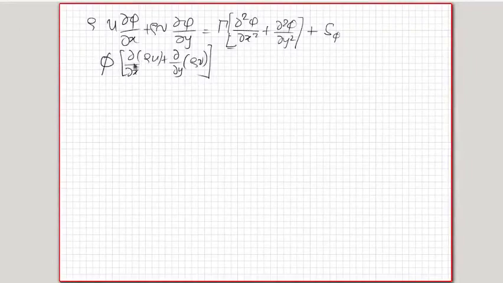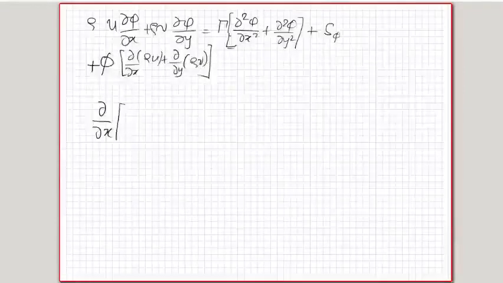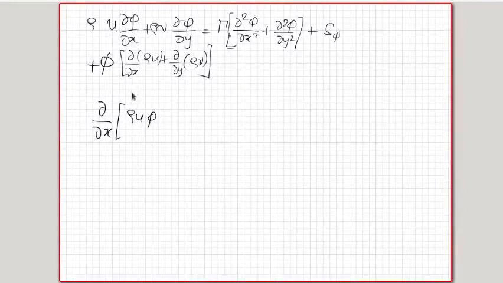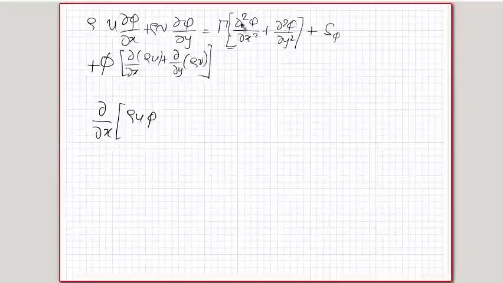If I add this to the left hand side, because this is 0, that doesn't change the equation. So I get del by del x of rho u phi from the left hand side, and on the right hand side, if I take gamma as a constant and take it in, there is a minus gamma del phi by del x.